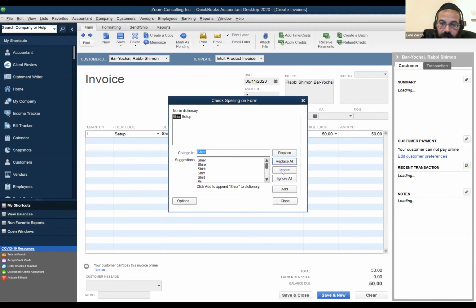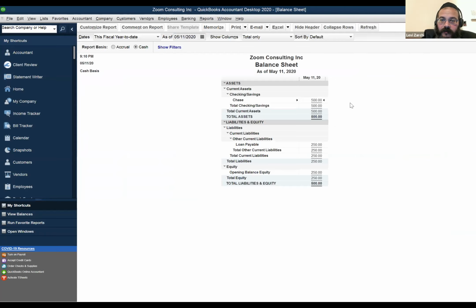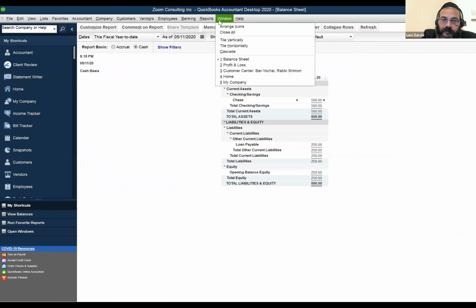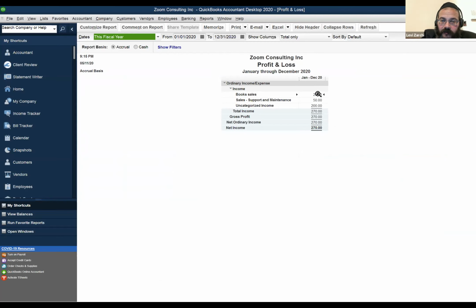Let him ignore it always because he has to learn what a shear is. So we have a $50 item. If I go now to the profit and loss actually, you would see here now we have $20 in book sales, $50 support and maintenance, and $200 uncategorized income. That, I believe, answers that question.